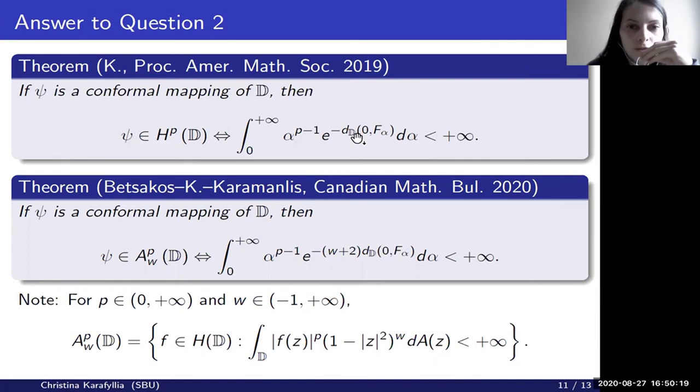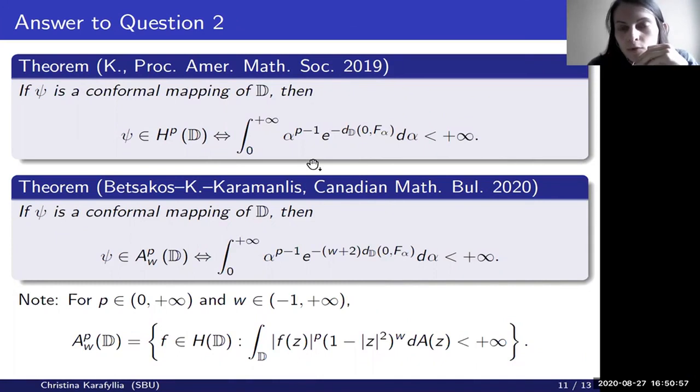And that's useful and very helpful because the hyperbolic distance is directly related to the quasi-hyperbolic distance, which contains only Euclidean distances in its formula. So if we want to check if psi belongs in HP, we don't need to know anything about psi, just to study the geometry, the Euclidean geometry of the image region D, of the simply connected domain D. Because D is conformally invariant, so we can go from the unit disk to the simply connected domain D.